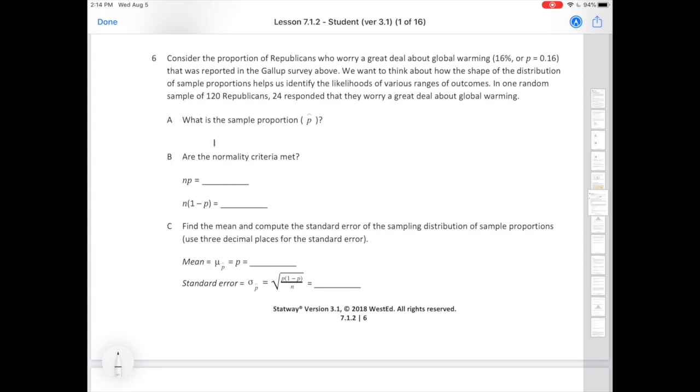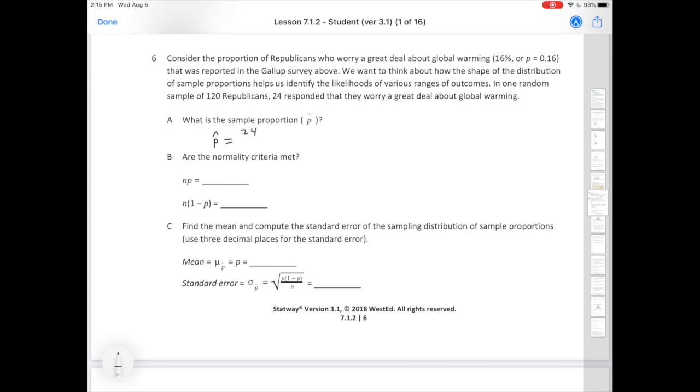Remember, p hat is going to equal, in our sample, the number of successes divided by the total size of the sample. In this case, a success would be the people that worry about global warming in the sample, and the sample size would be 120 Republicans, right?